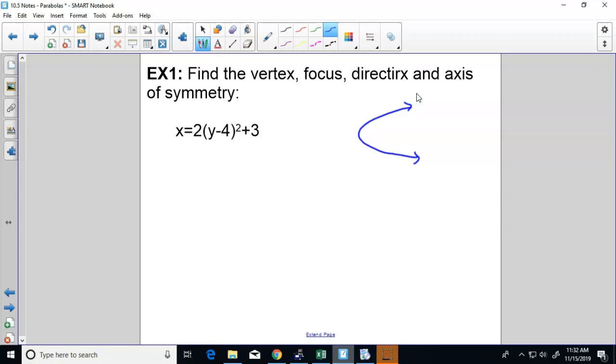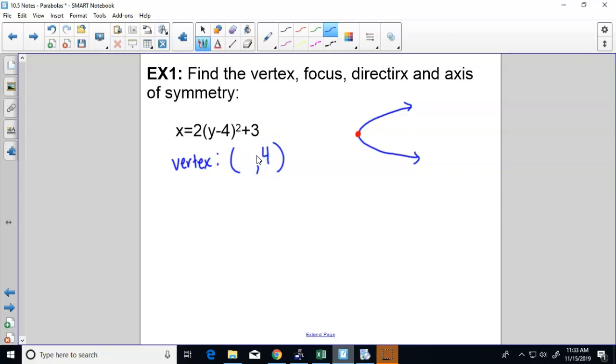For a parabola, the first thing you want to find is the vertex. It's a little bit tricky with this one when they open left or right. We're looking for this vertex right here. I want to say that the point is 4, 3. But that would be incorrect because this 4 right here goes with the y, which means it's our y coordinate. Since it's with our y, inside the parentheses, we use the opposite sign. That's our y coordinate for our 4.